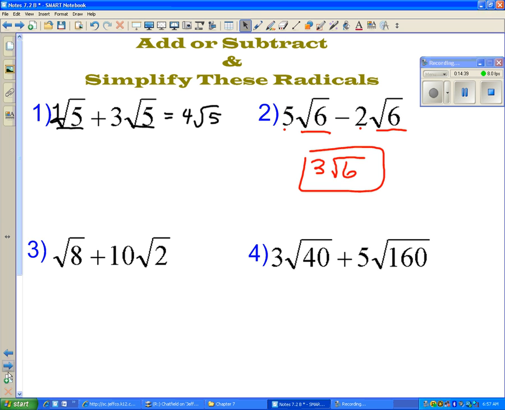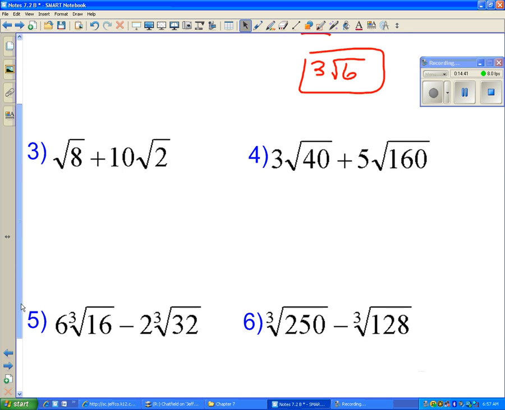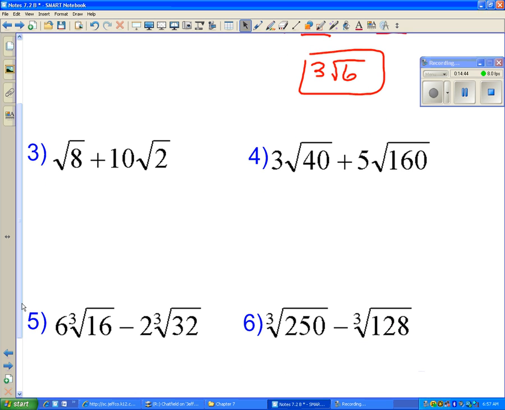Let's look at number 3, talking about needing to be identical. In number 3, they're not identical. I have square root 8, square root 2. Can I reduce the square root of 8 to match the square root of 2? Well, the square root of 8 is square root 4 times square root 2. The square root of 4 is 2, so 2 square root 2.